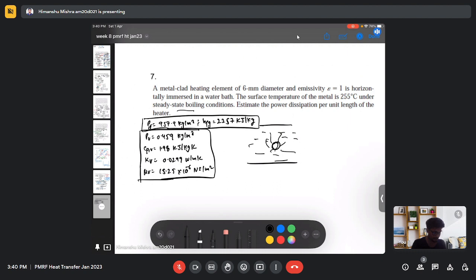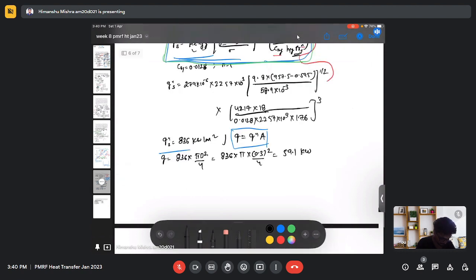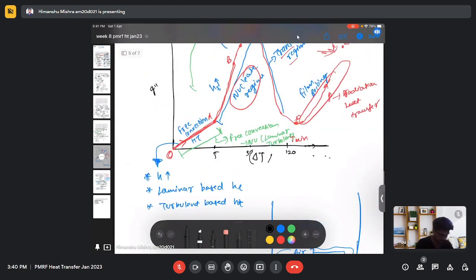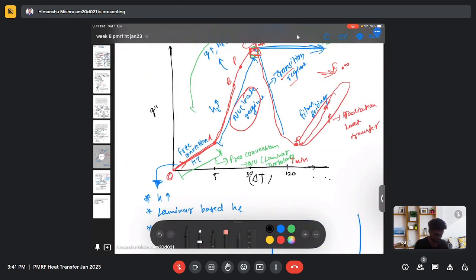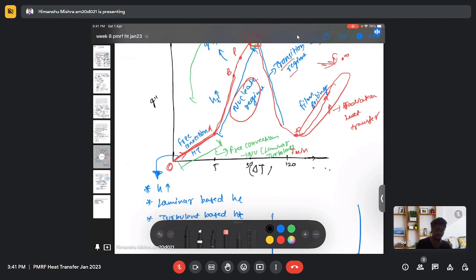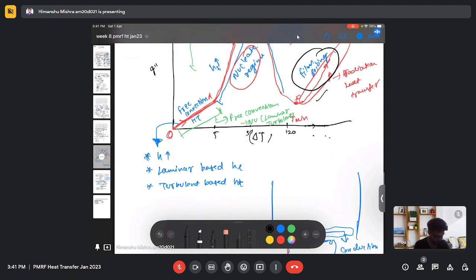We have given the surface temperature of the metal, which is 255 degrees Celsius, and from the plot we can see that this corresponds to film boiling. The surface temperature falls far from the nucleate regime, and it is actually at the film boiling regime. So we will be using the correlation based on film boiling heat transfer here.